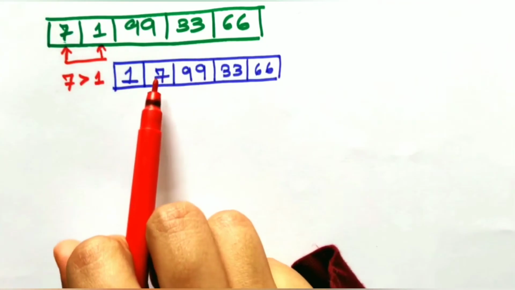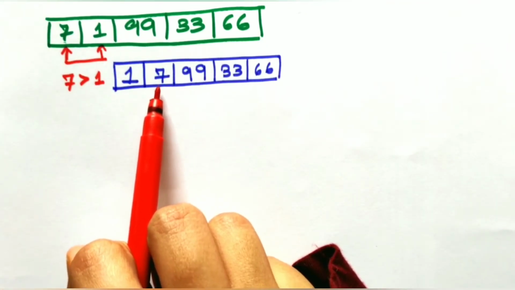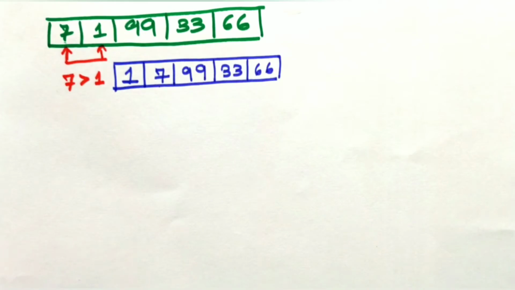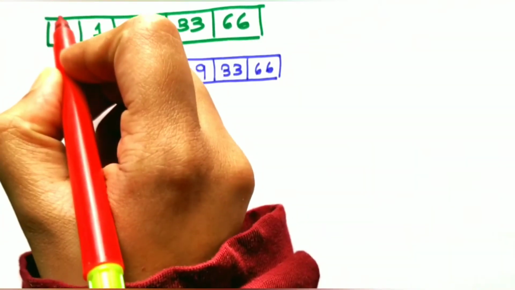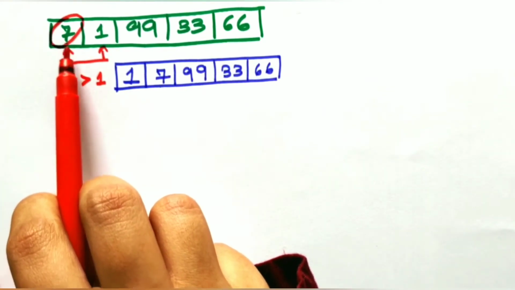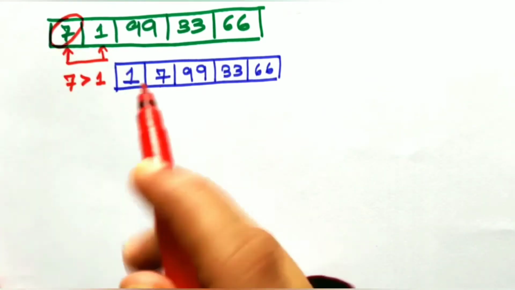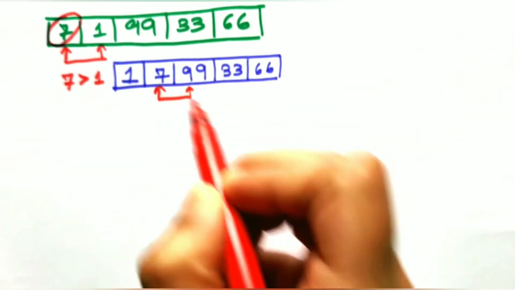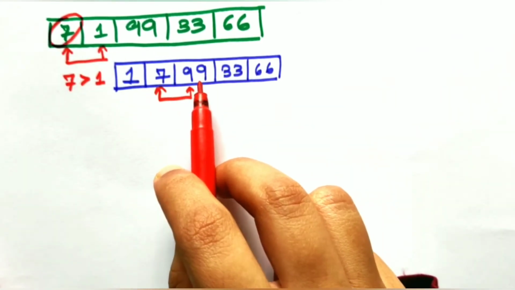Now considering the number 7 again. Why 7? Because we are considering our first value to be 7 itself. We take hold of whatever is there in the first place, that is at the 0th position. Now you compare 7 and 99. Since 7 is less than 99, no change.